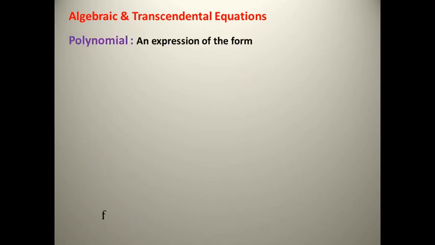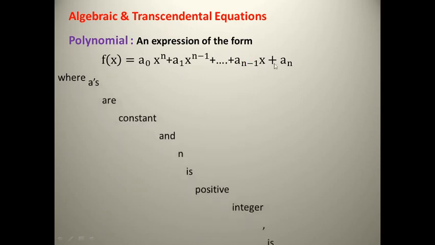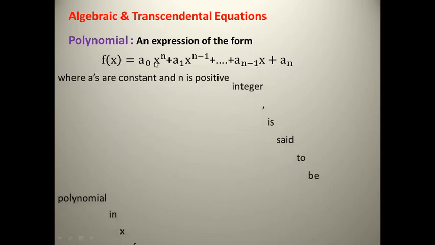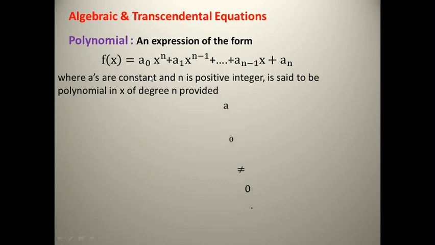So let's begin with the basic terminology. We will first see what we mean by a polynomial. An equation of the form f of x is equal to a0 x to the power n plus a1 x to the power n minus 1 plus up to an, where all a0, a1, a2 up to an are constants and n is a positive integer.